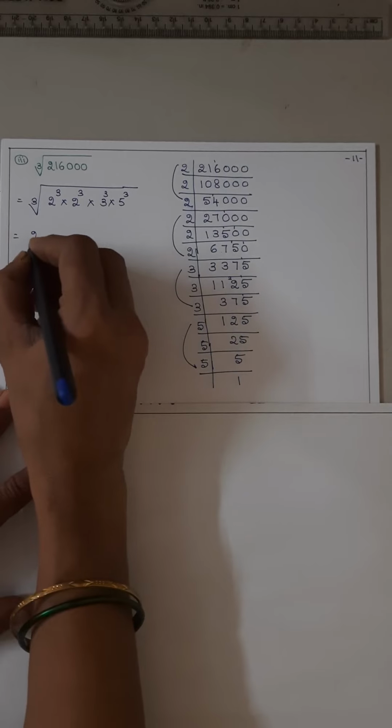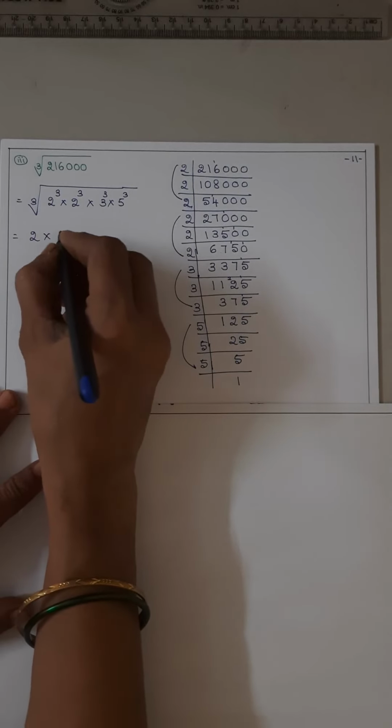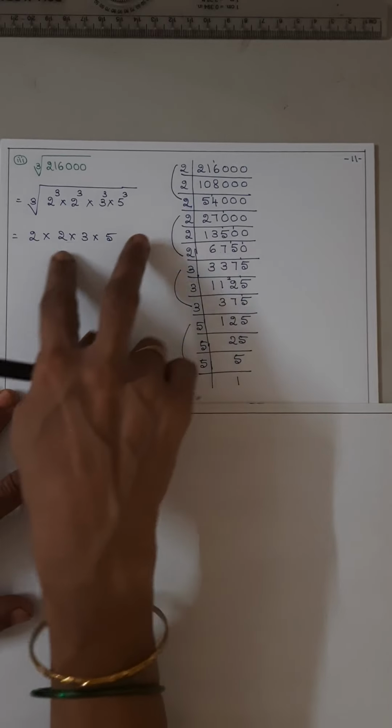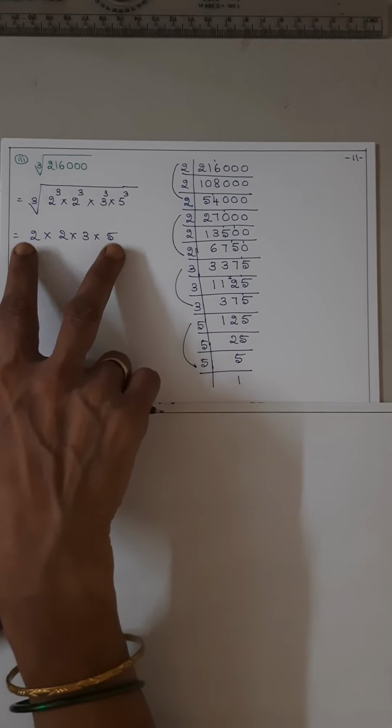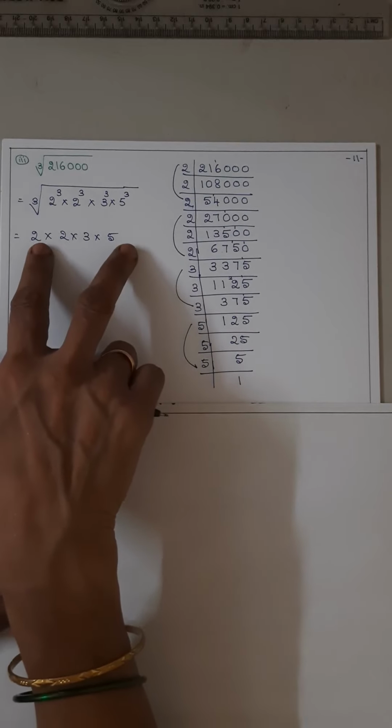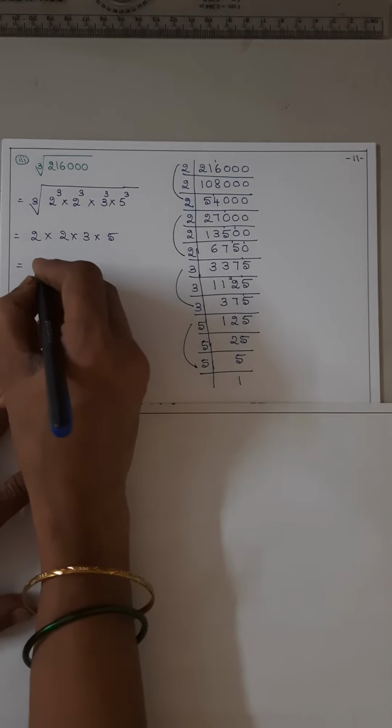Now 2 into 2 into 3 into 5. Whenever 2 and 5 are there, group them first. 2 5s are 10, 2 3s are 6, 6 10s are 60.